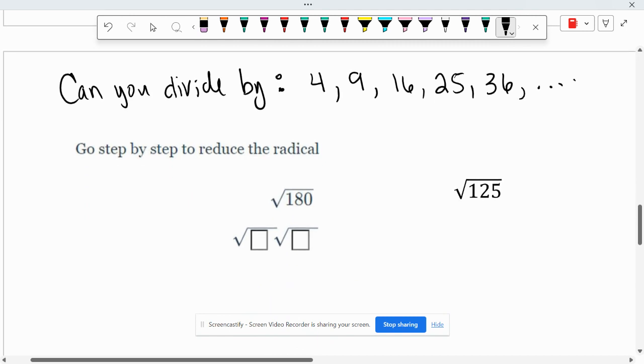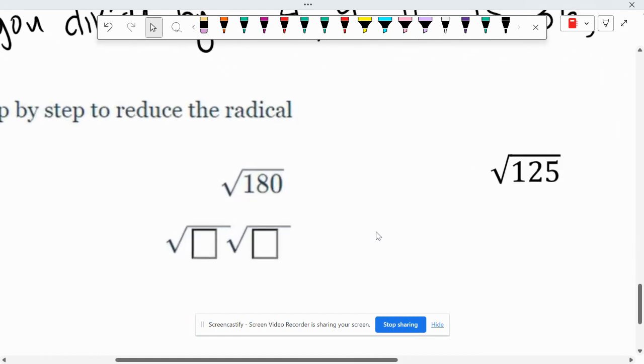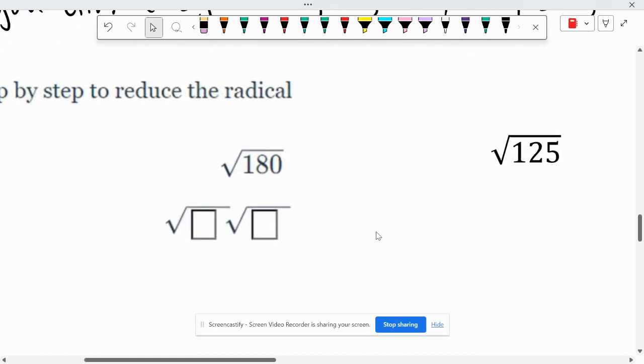Our first example is the square root of 180. So I know that 180 is divisible by 5. How do I know that? Because it ends in a 0. Any number that ends in a 0 is divisible by 5, right? So I could take 180 and divide it by 5.